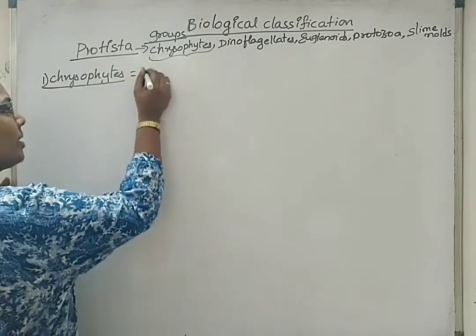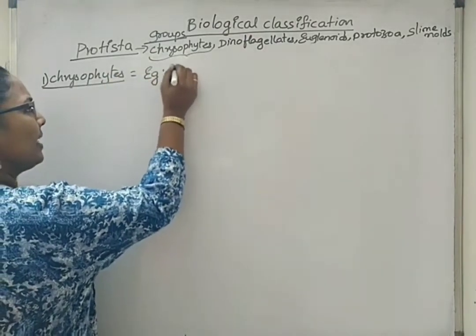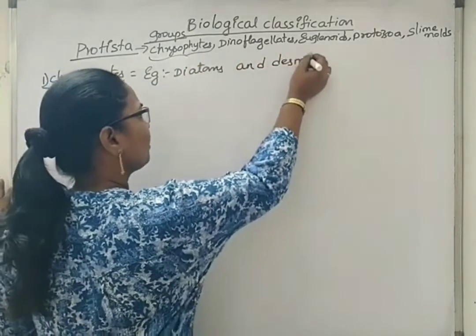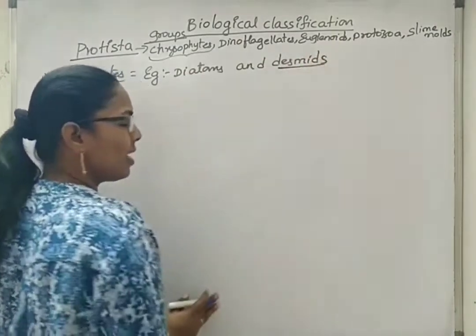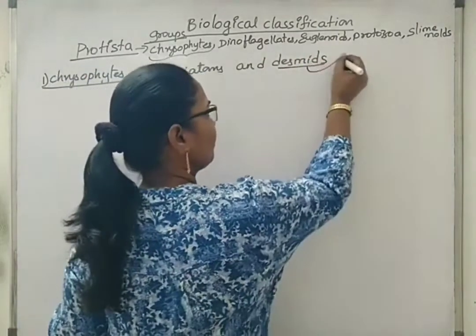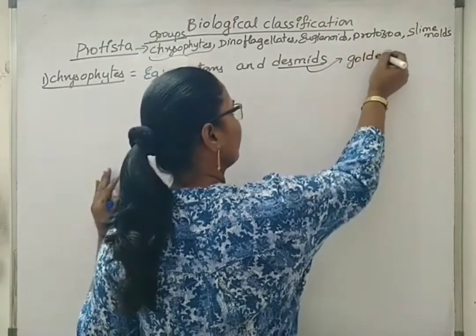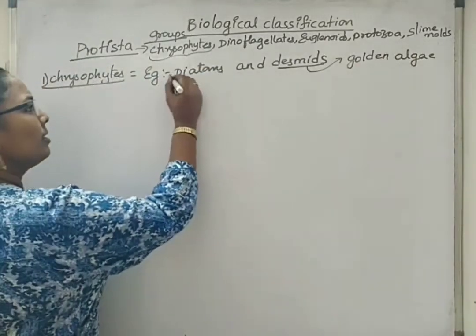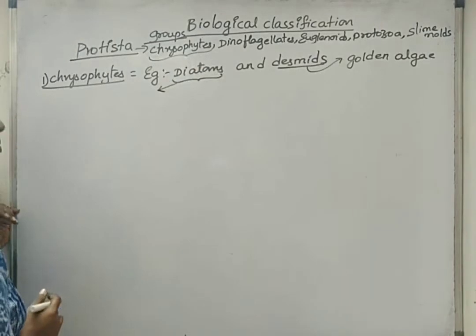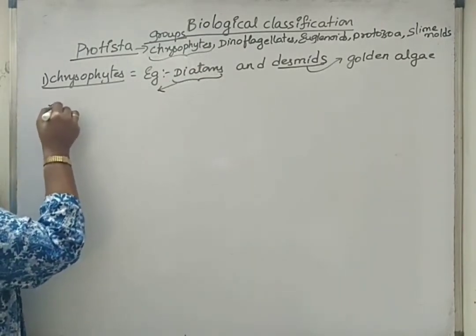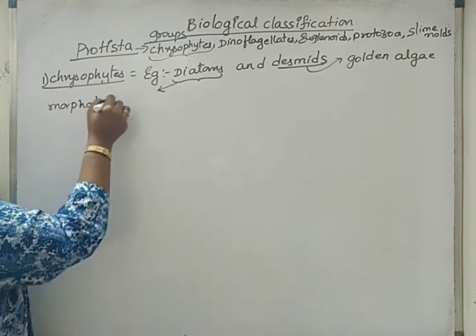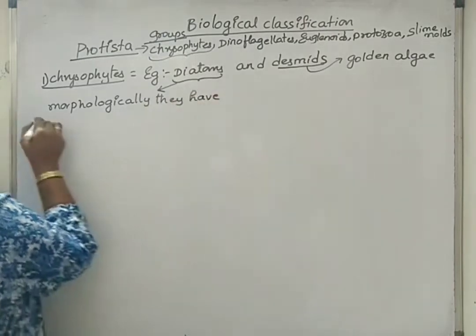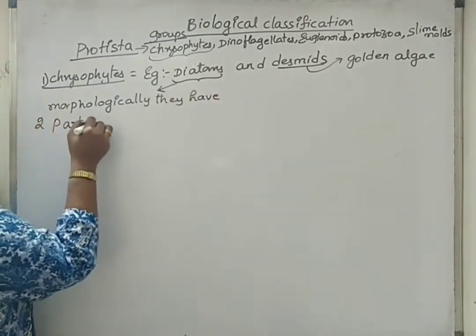Under chrysophytes, the examples we read are diatoms and desmids. These are also called golden algae. Now we will see the shape of diatoms. Morphologically, they have two parts of the body.